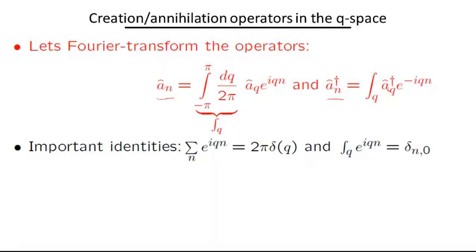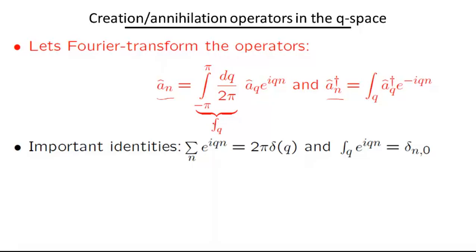I use the same symbols, but these are really different operators. These a sub q are, in a sense, Fourier images of a sub n. The two are related via this Fourier transform, which now is an integral going from minus pi to pi. It's not from minus infinity to plus infinity, because we have a periodic array of oscillators, not a continuum of oscillators. So it's more like a Fourier series rather than a Fourier transform.